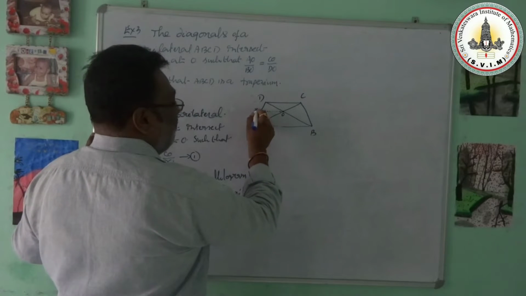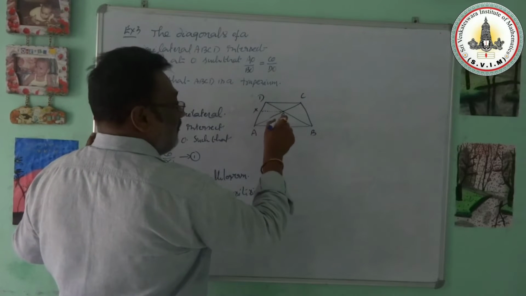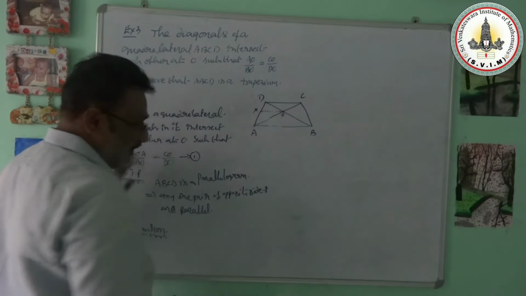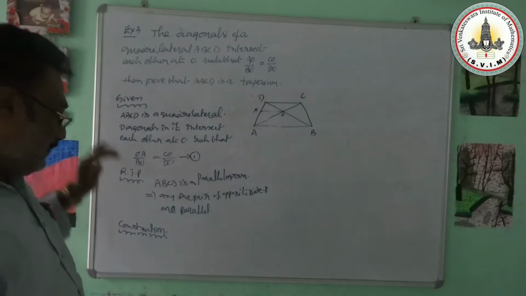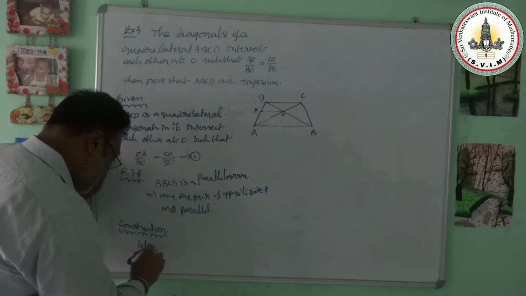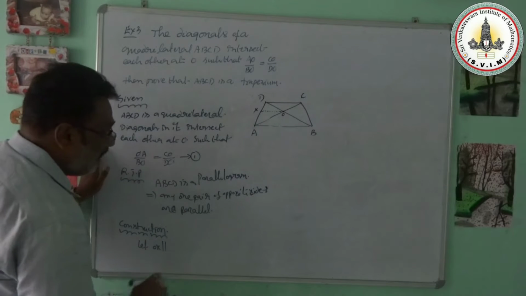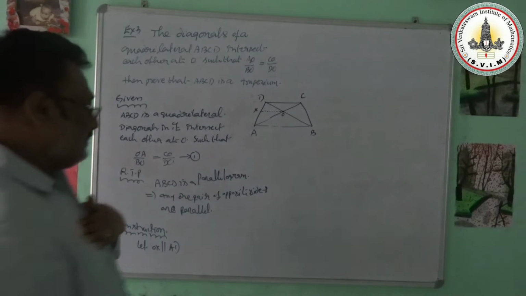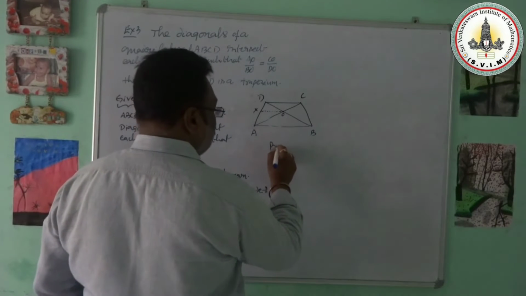In that way the line segment which you are taking intersects DA at X. That's all. So this is the construction step. That means let OX be parallel to AB. Simply you can write.